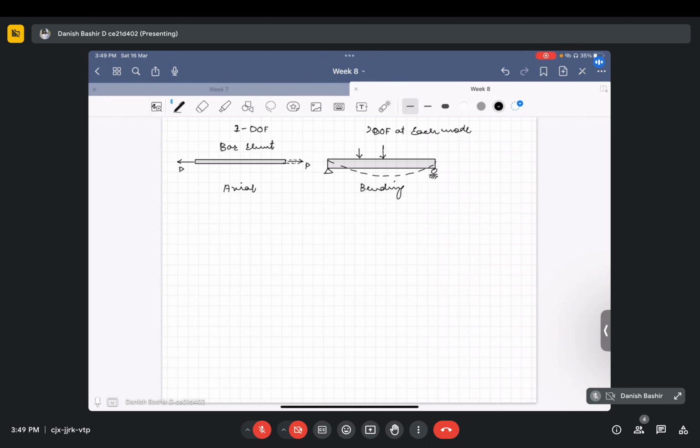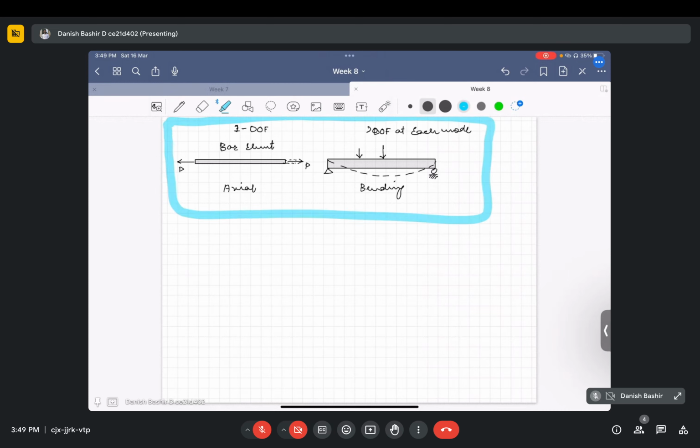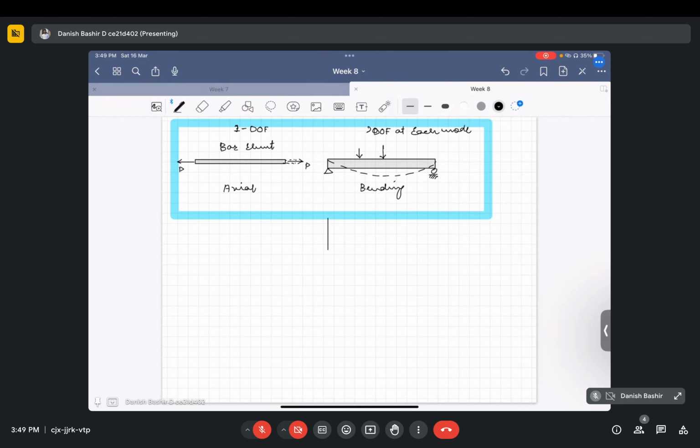So what we do is combine these two things, and what it gives is our plane frame element. Because frames, apart from resisting bending, have to resist axial deformations as well.